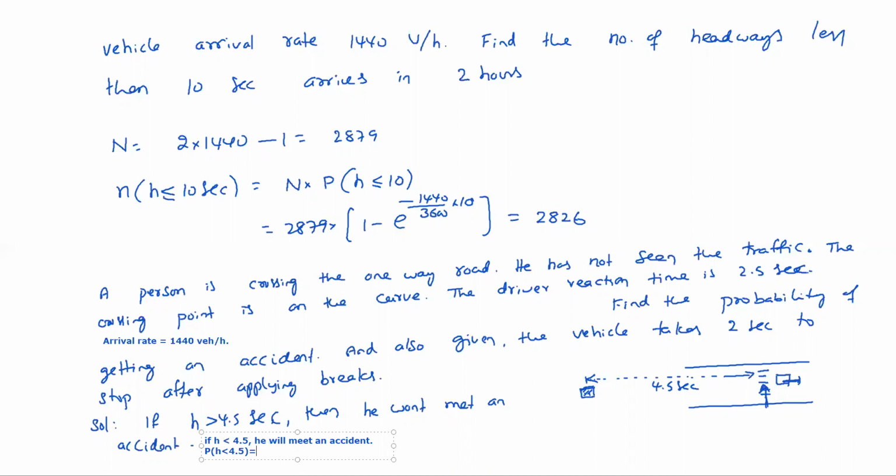Srinivas, what is the answer? 1 minus of 1 minus of that, right? 1 minus of 0.83, yes, 1 minus probability of H greater than 4.5. You did 1 minus, Srinivas? Yes sir, 0.83. 0.83 is the probability of getting an accident.